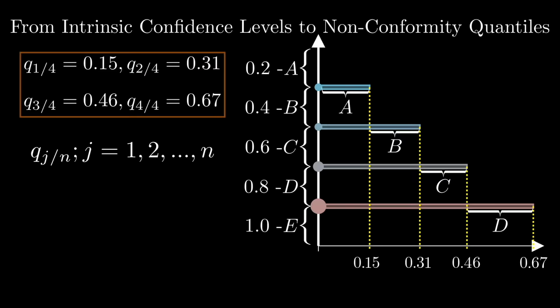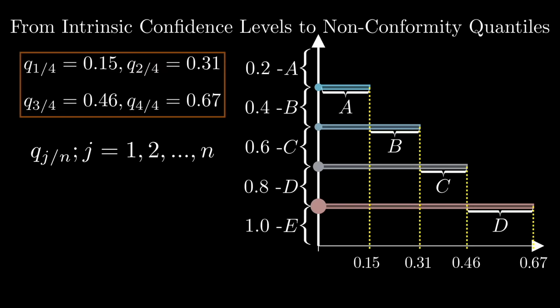Thinking about any of the quantiles on the horizontal axis, note how they each correspond to an intrinsic confidence level on the vertical axis. For example, Q sub 1/4 equal to 0.15 corresponds to delta I equal to 0.2.